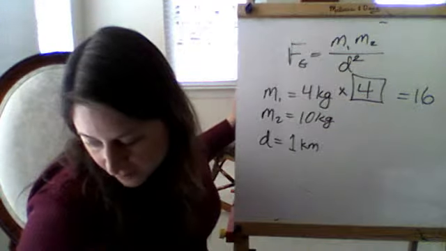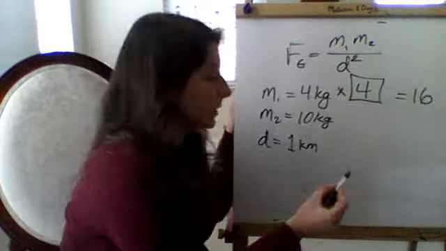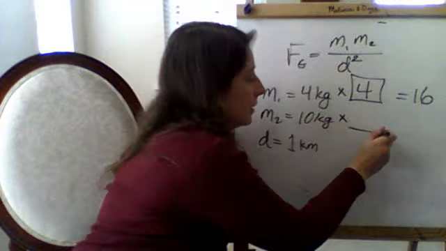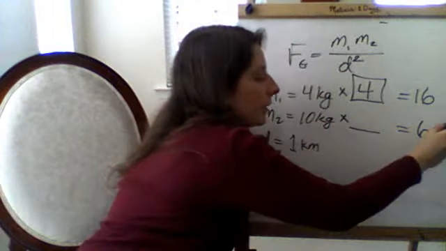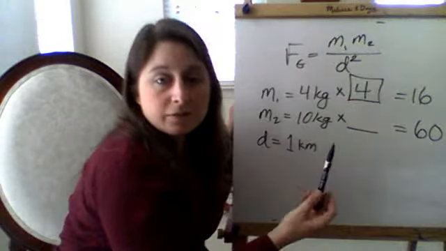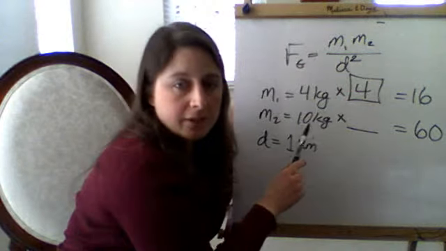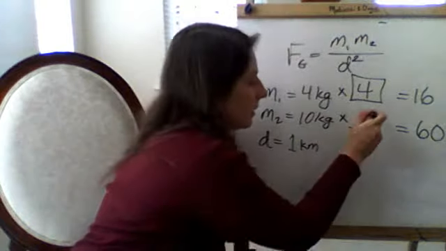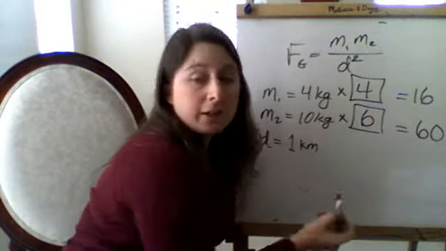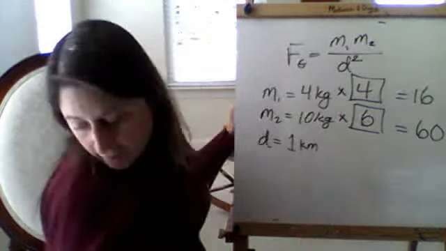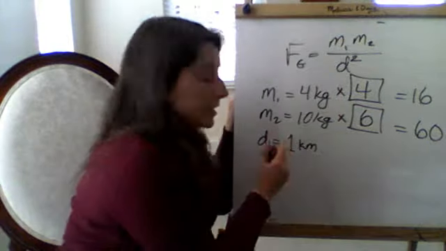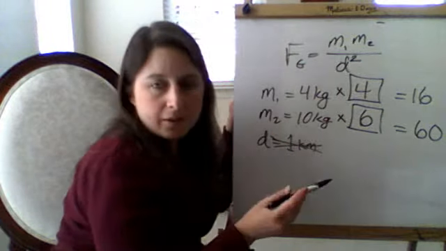The problem says the second mass, the 10 kilogram mass, is replaced with a 60 kilogram mass. So 10 times what is 60? Well, 10 times 6 is 60. So its factor of change is 6. And in the first problem, the distance doesn't change at all, so I don't need to worry about that.